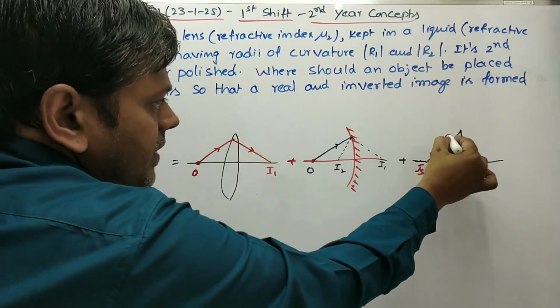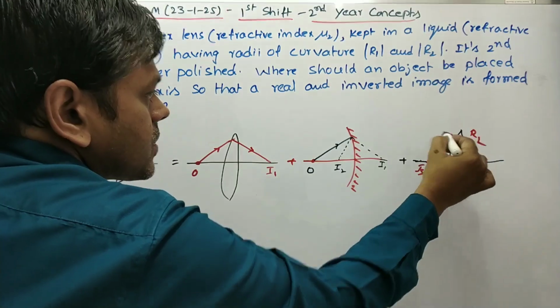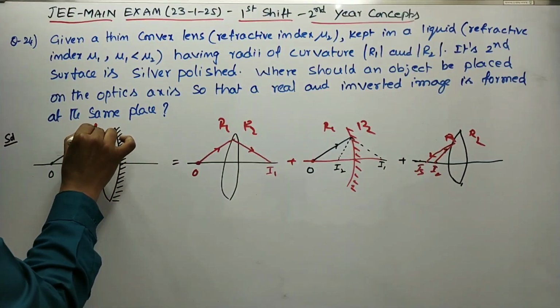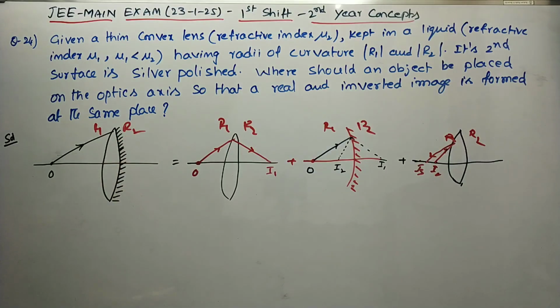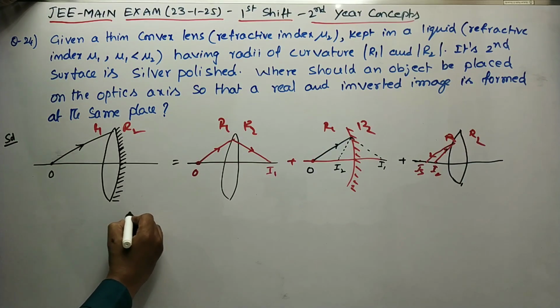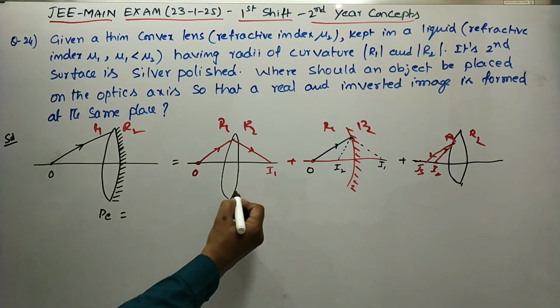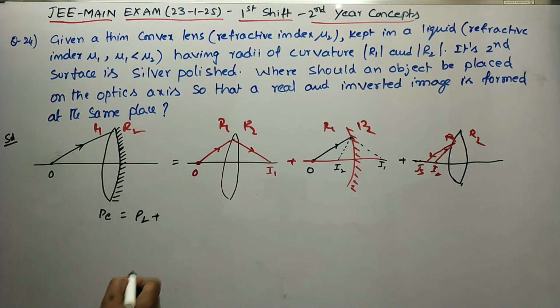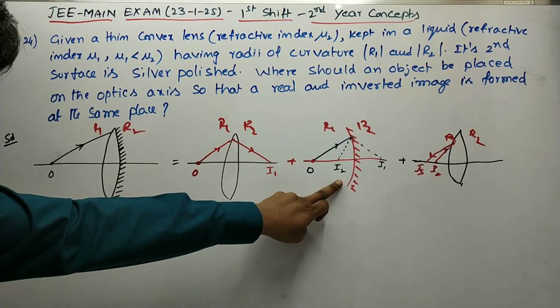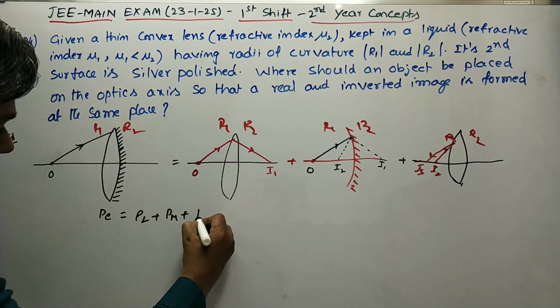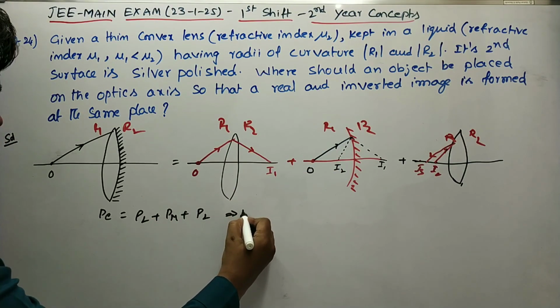Its radii of curvature are R1 and R2, both surfaces being convex. Now, what is the power? The power of the lens, then the power of the mirror, plus again the power of the lens.